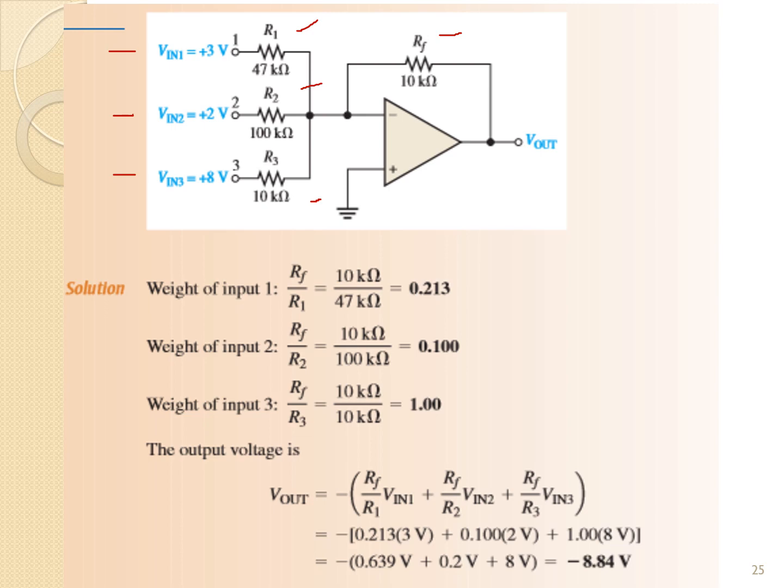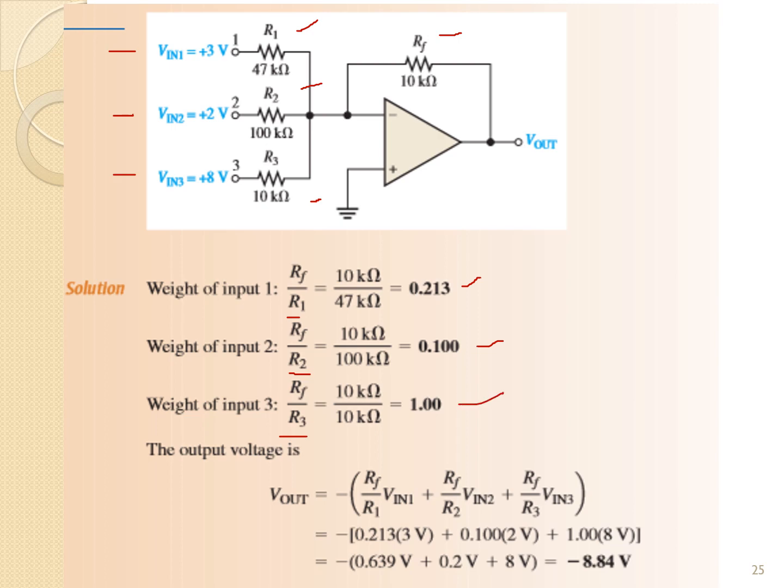So now, the weight of input 1, RF over R1, is equal to 0.213. Weight of input 2, RF over R2, is equal to 0.100. Weight of input 3, RF over R3, is equal to 1.